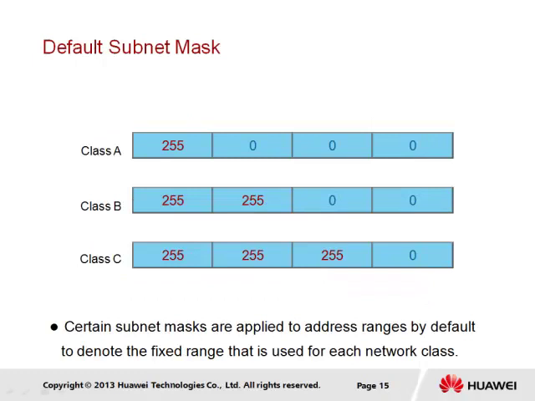A default subnet mask is what is used to define the network range for each of the 3 main IP address classes. For class A, the default subnet mask denotes that only the first 8 bits should be used to define the associated networks. For class B, the default subnet mask contains 16 bits for each network in this range, and finally 24 bits are used to represent the default subnet mask of networks found in the class C network range.